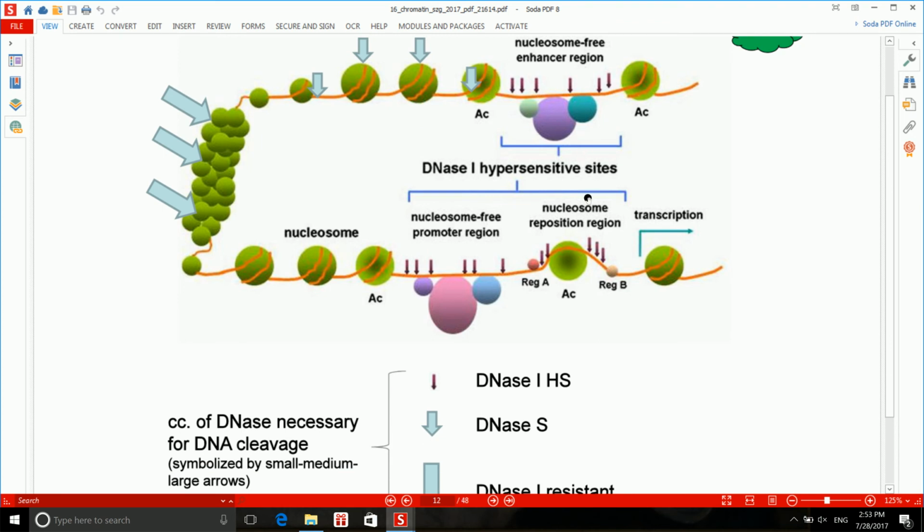And in order to understand what I just said better, the lecture slides introduce a new thing, DNase sensitivity. What is DNase sensitivity? It is the relatively high sensitivity of transcriptionally active regions of chromatin against certain nucleases.